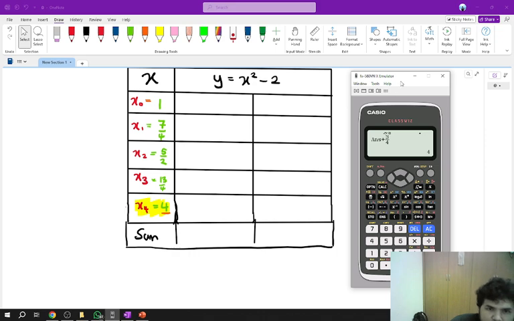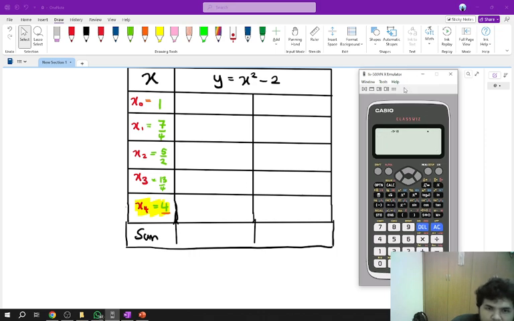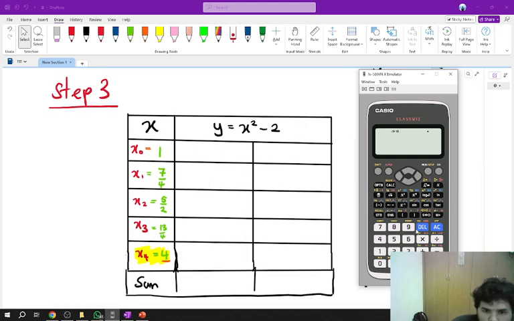Alright, so next we proceed to find the value of y. To make things short and cut some time, we can use a trick of the calculator. First, we have to copy the function x squared minus 2 into the calculator. So we have x squared minus 2, right?